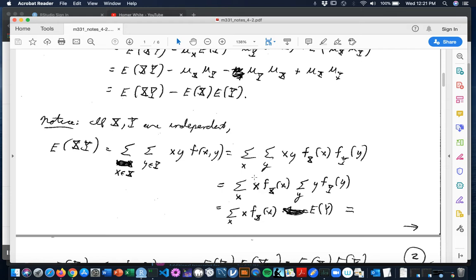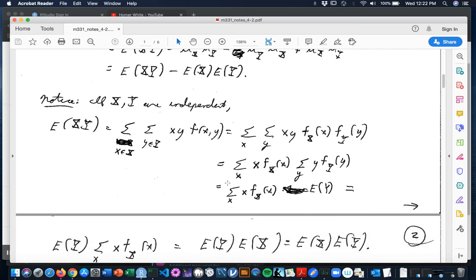They factor out, if you like. And then the sum you've got left is just the sum of the PMF values for your marginal capital Y times y itself. That's the very definition of the expected value of that marginal random variable.